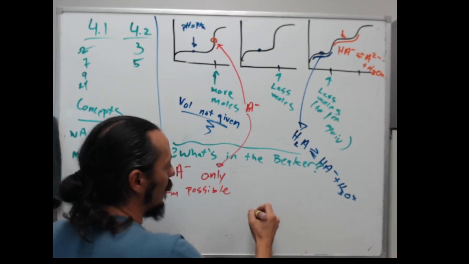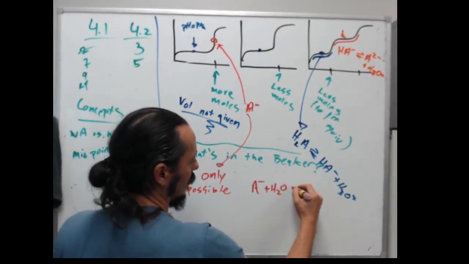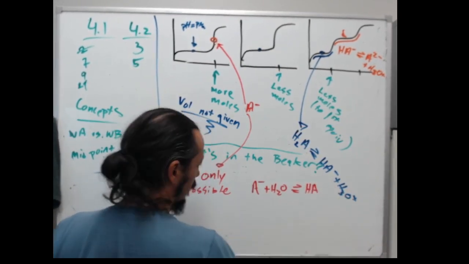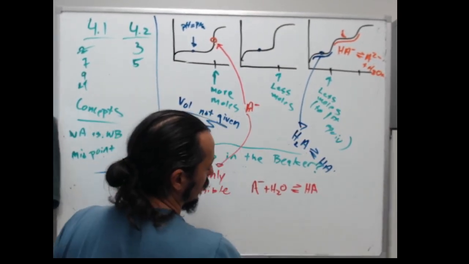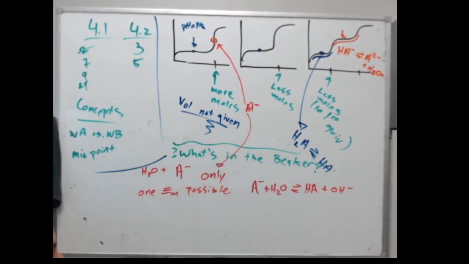That one equilibrium is A minus plus H2O goes to HA plus OH minus. That's the only equilibrium I can consider because that's the only thing I have in the beaker.